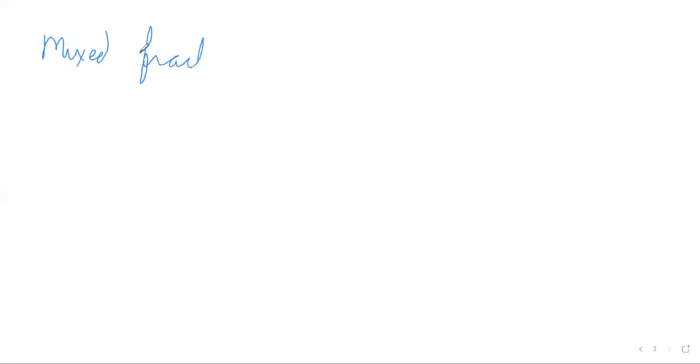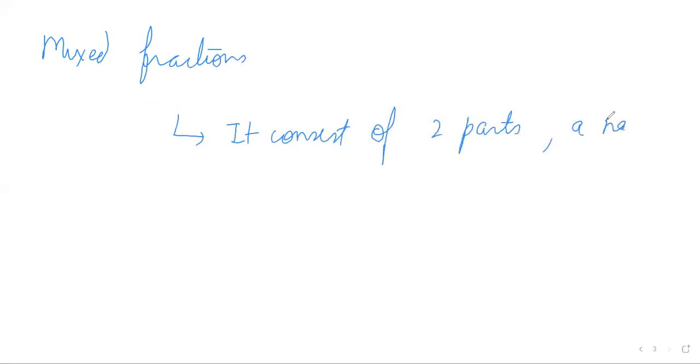What are mixed fractions? Mixed fractions are fractions in which there is a whole and there are parts. A mixed fraction has two parts, a natural number and a proper fraction.